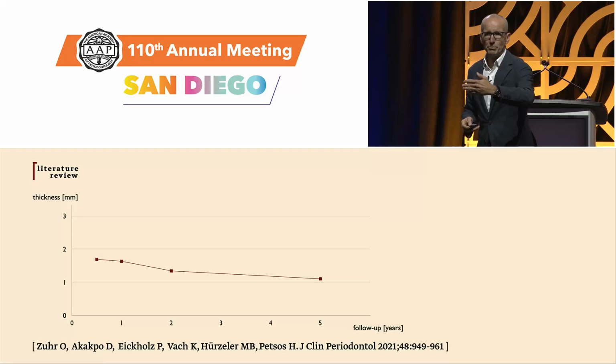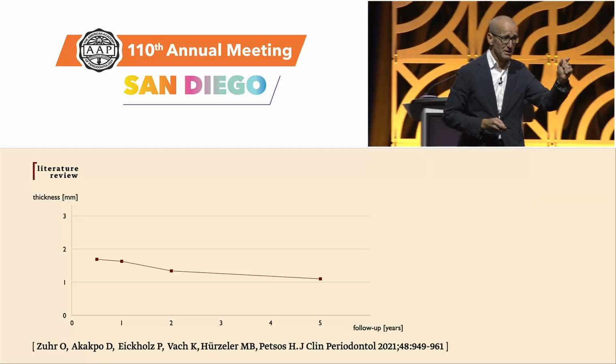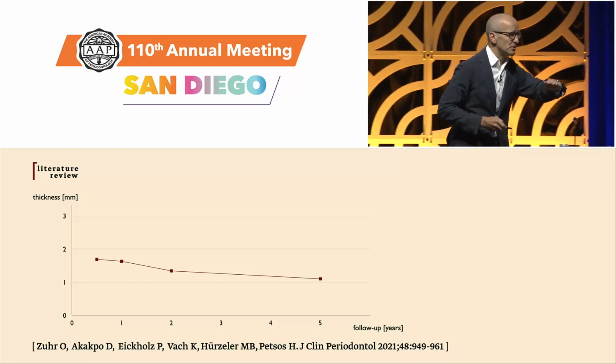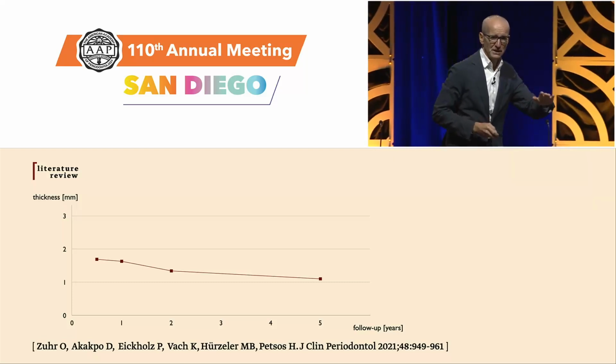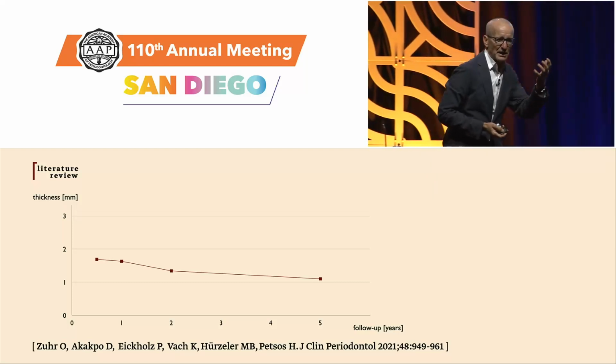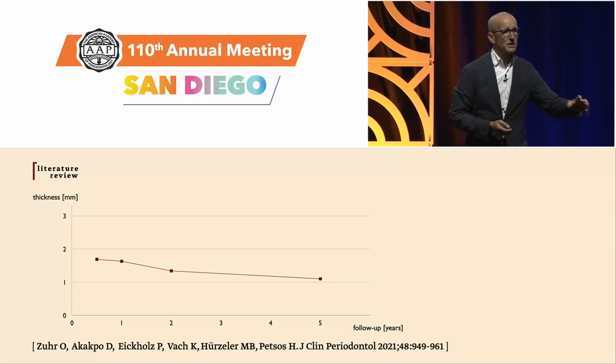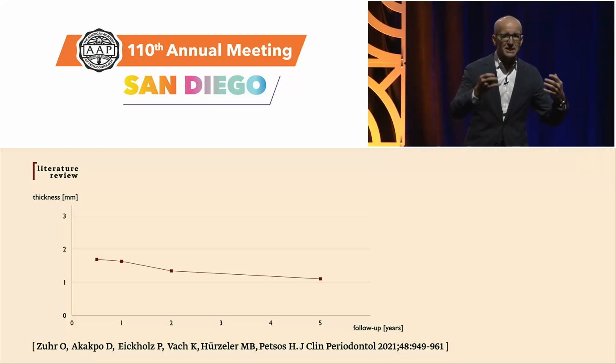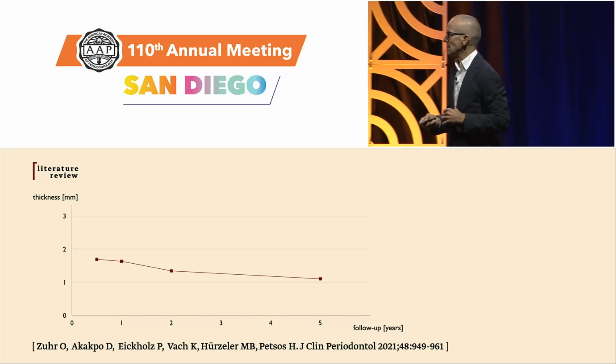From 1.6 thickness over the previously exposed root surface after 1 year, we lost something like 0.3 millimeters over 5 years. This tells us a connective tissue graft derived from a single incision technique used in gingival recession therapy seems to undergo shrinkage, even over time.